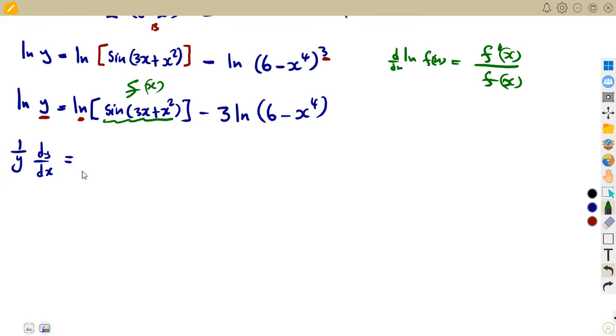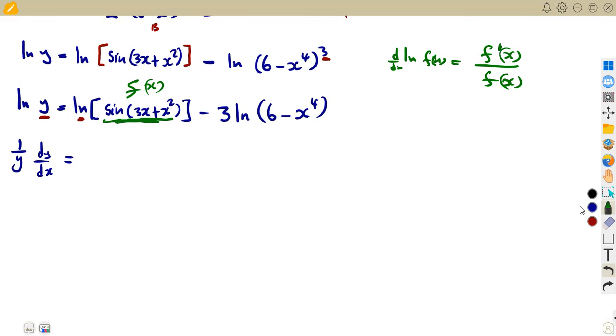If we are to apply this concept, we are going to find the derivative of what is inside the sine, 3x plus x squared. So we want to differentiate this. This is your f of x inside.